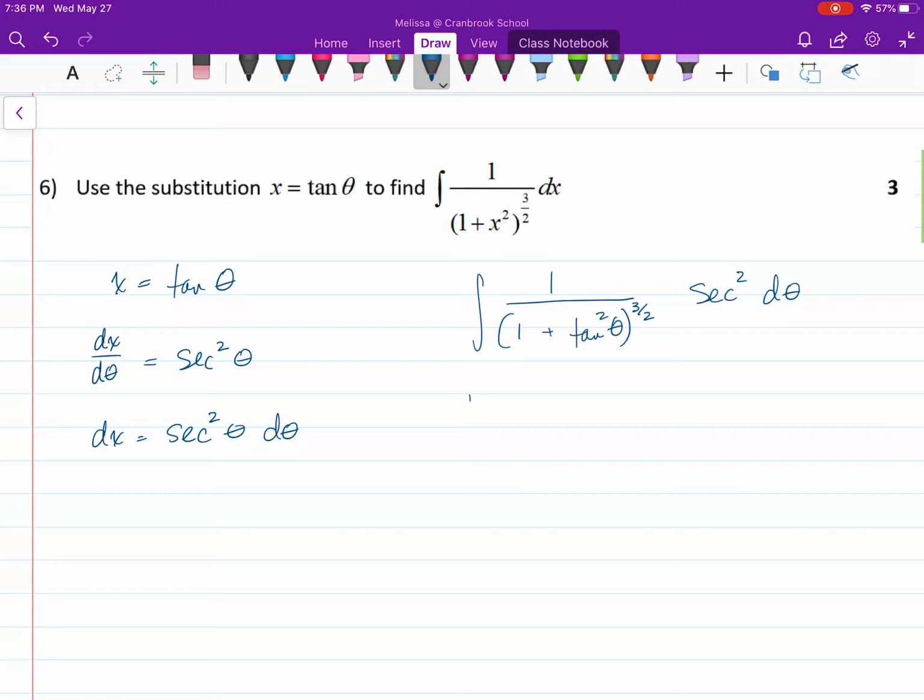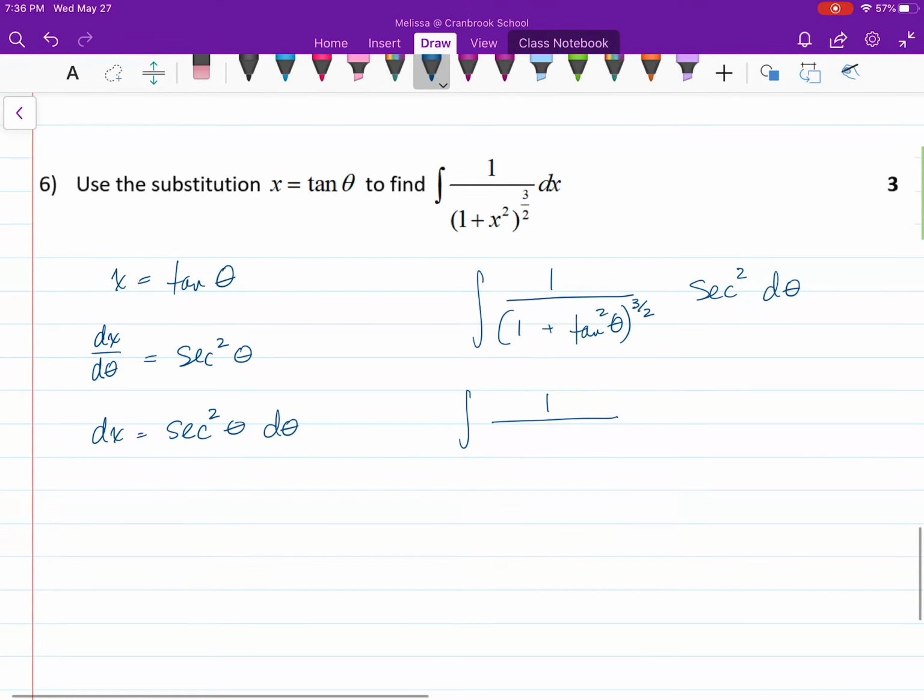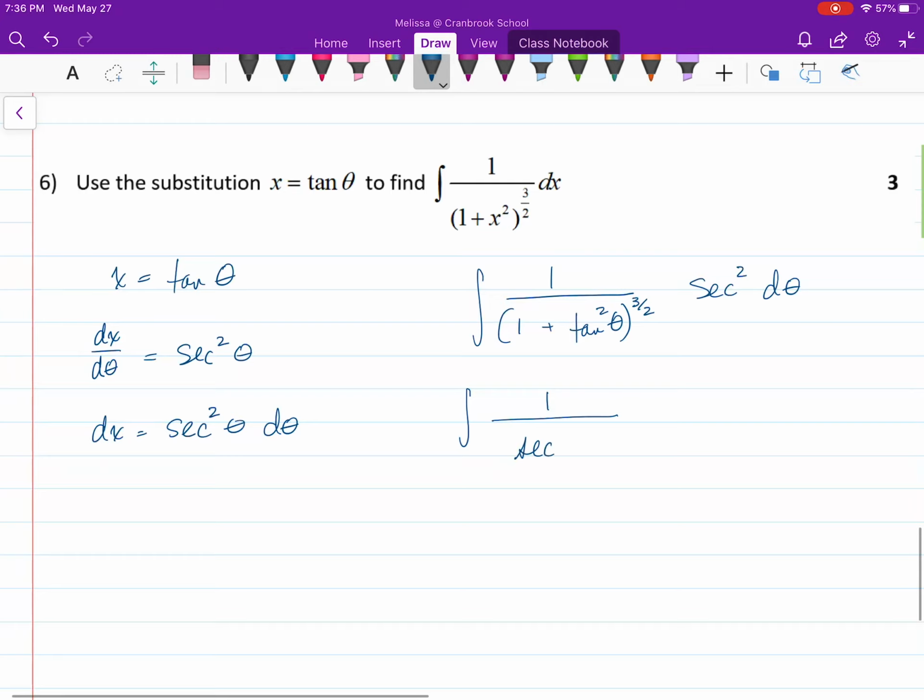You're probably looking at your denominator now and thinking, oh, I'm pretty sure that that's a Pythagorean identity, that it's secant squared theta to the power of 3/2 still times secant squared theta. Oops, I missed that theta up above. Let me correct that.